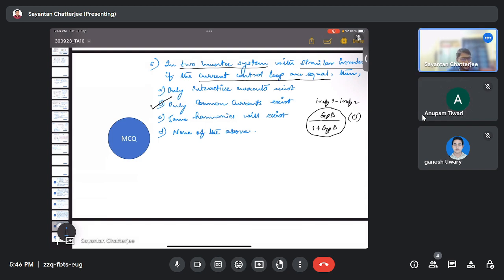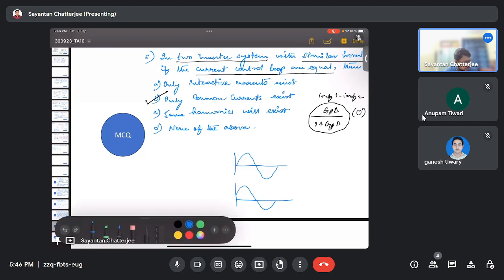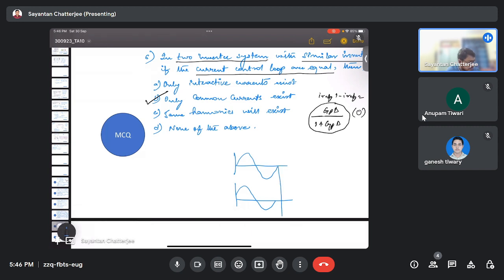It can be considered as a current which is flowing from one inverter to the other. Suppose there is an AC loop, this is the sinusoidal wave for one inverter, and this is for the other inverter which is a bit displaced. So this much is the phase displacement between these two, this is for inverter 1, this is for inverter 2.